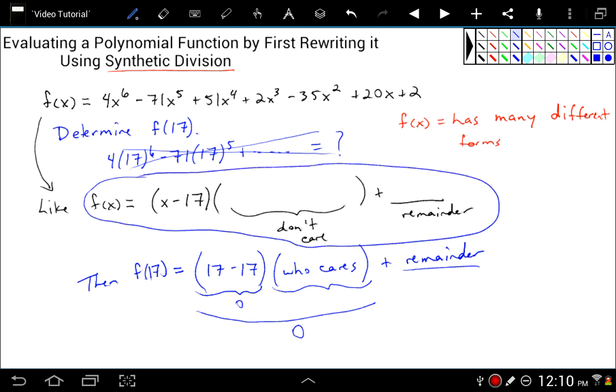If I want to write it like this, I better divide my original function by x minus 17. Okay? So that's what we're going to do. So let me clean this up a little bit.